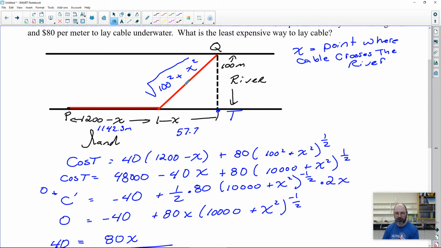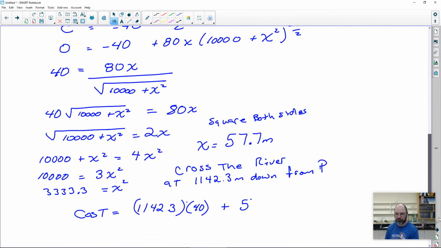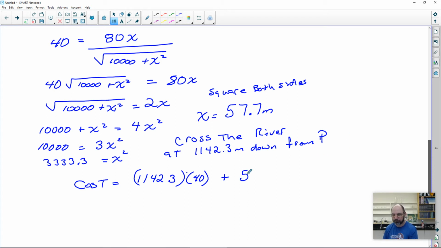We have to do this distance here, right? Because we're doing the cost here. So that's going to be whatever that is. We'll figure it out here. So for this cost, we have to do 100 squared minus 57.7 squared. What do we get? Okay, so and that's 6,000.